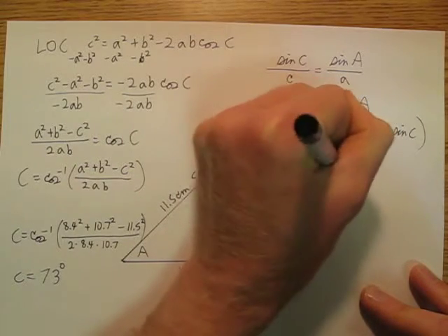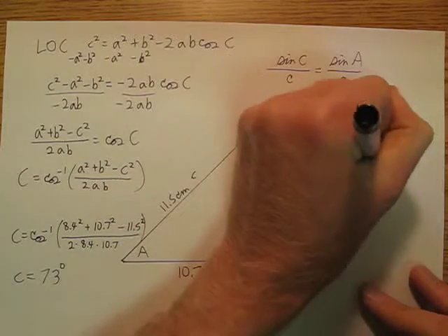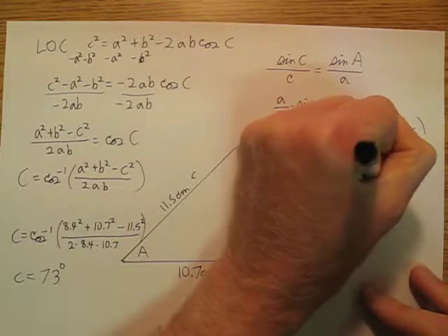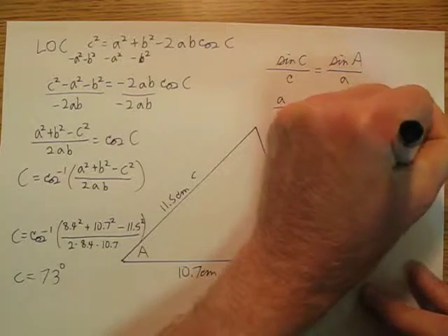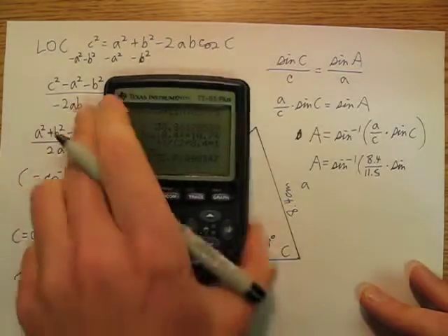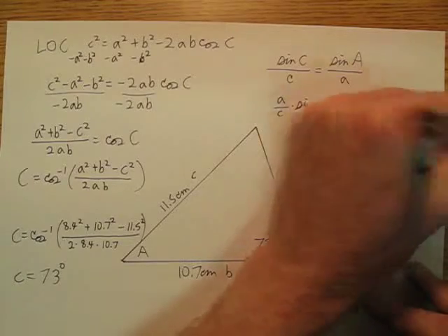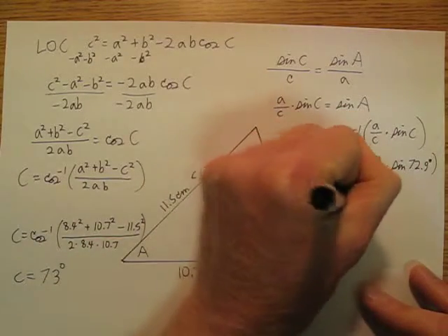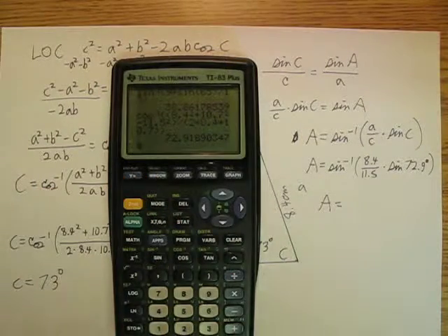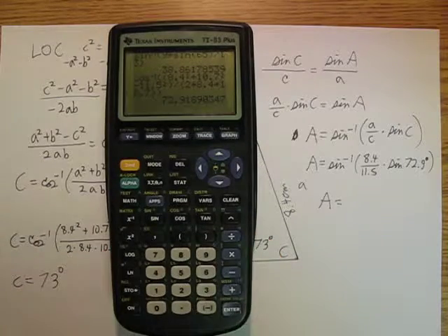So big A is going to be sine inverse of 8.4 over 11.5 times sine of, let's use the data that we had, 72.9 degrees. Okay. Now, how do I plug this into my calculator? Well, I don't know if we've used the answer key yet, but it's really, really important.